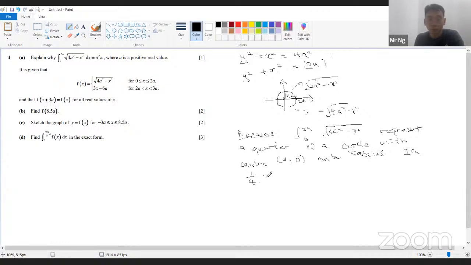So a quarter of pi r squared equals a squared pi. Done.